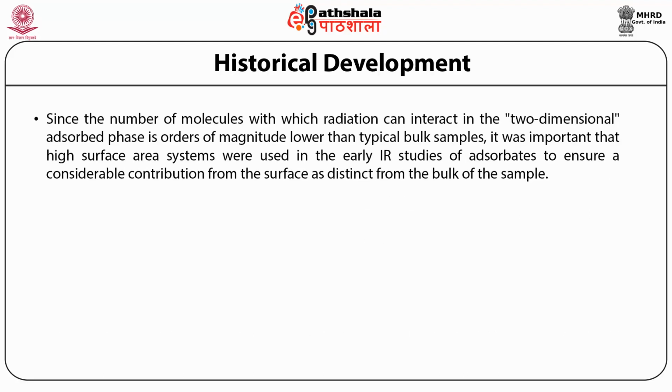Since the number of molecules with which radiation can interact in the two-dimensional adsorbed phase is orders of magnitude lower than typical bulk samples, it was important that high surface area systems were used in the early IR studies of adsorbates to ensure a considerable contribution from the surface as distinct from the bulk of the sample.